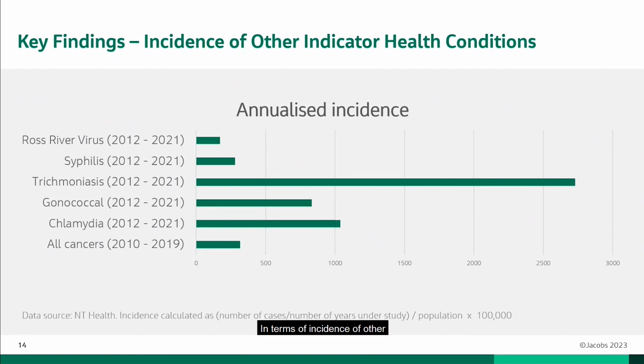In terms of incidence of other indicator health conditions, we can see relatively high incidence of trich, which is a sexually transmitted infection. Levels of other conditions like Ross River virus are quite small.